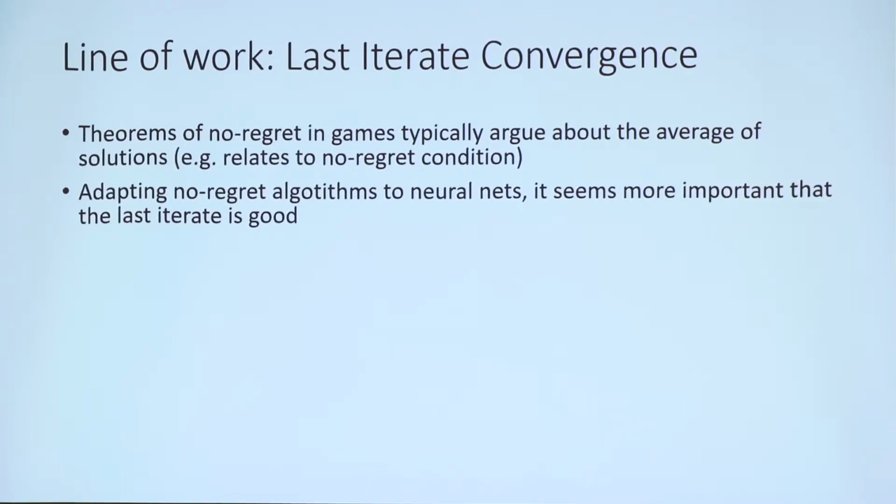The reason why last iterate is important is because there is no clear way of averaging the parameters of a neural net. But if you go ahead. Yeah, so that would be one way of finding a mixture, or maybe you can say I'm going to randomly sample, so that I define the mixture of a window of neural nets. One paper has actually tried to analyze something like that.